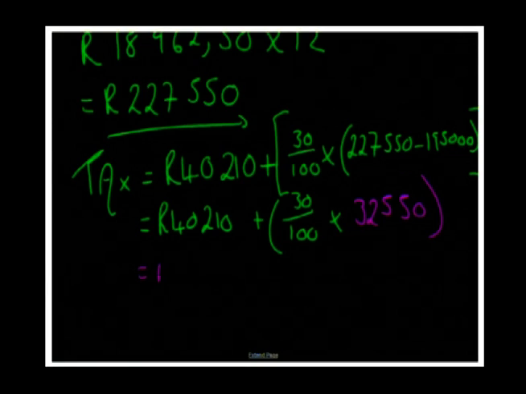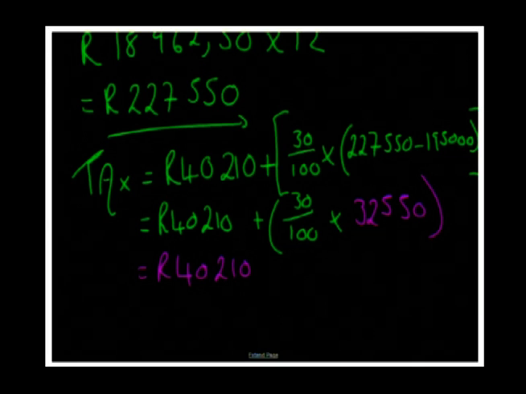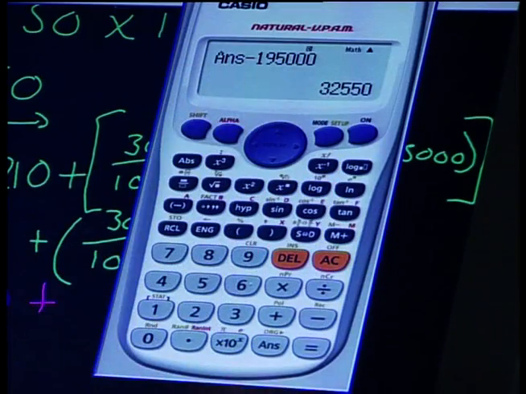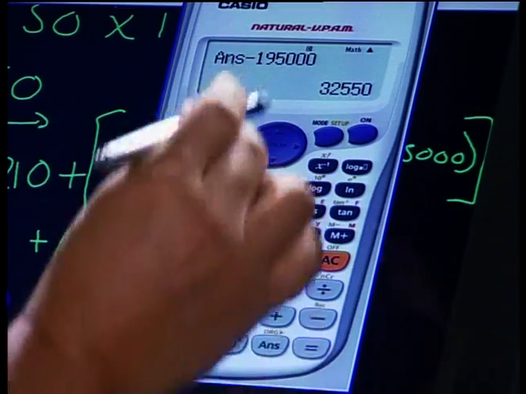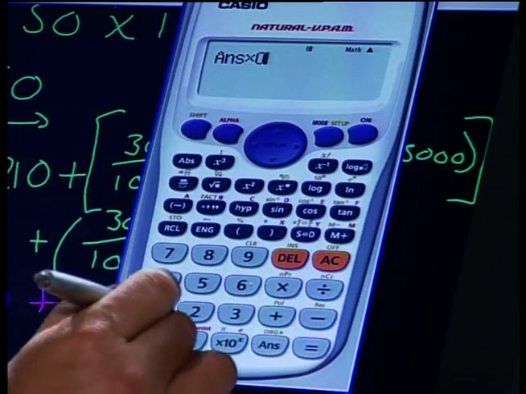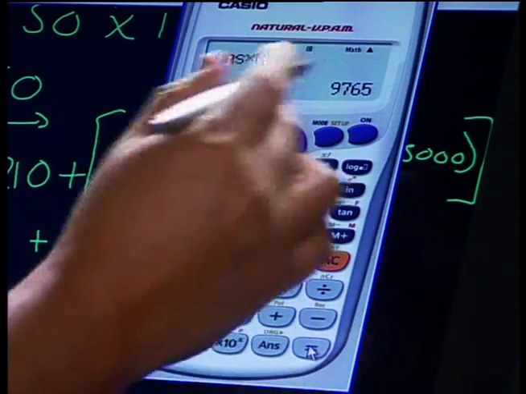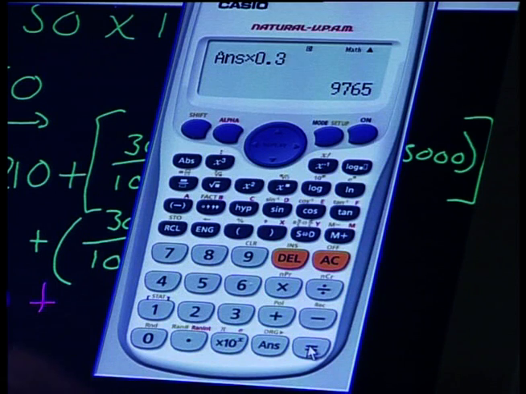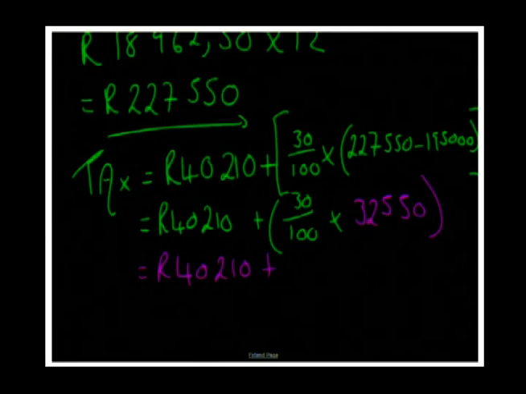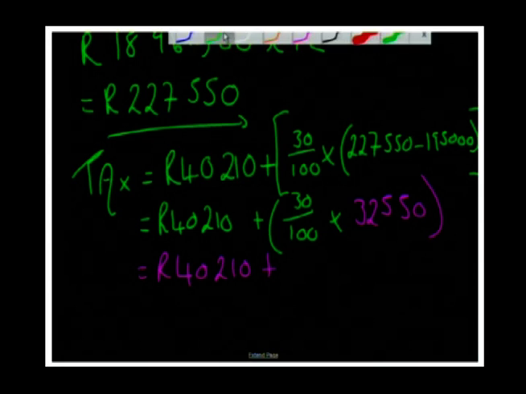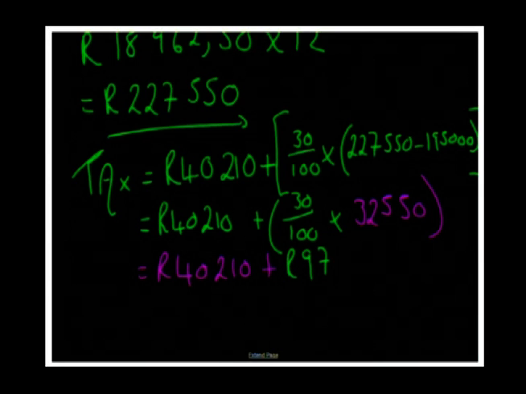Okay? Let's go on. So now we can calculate this and say, right, I've got 40,210 Rand plus 30% of this amount of money, 32,550. We got that on our calculator. Times 30% equals 9,765 Rand. Let's write that down. 9,765 Rand.